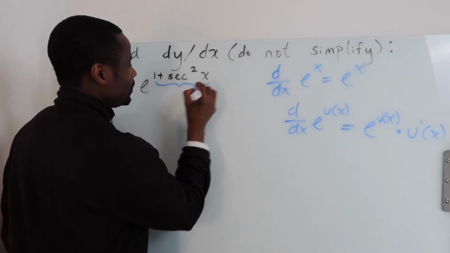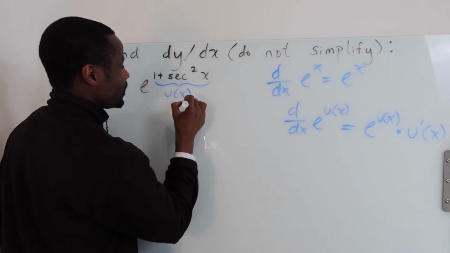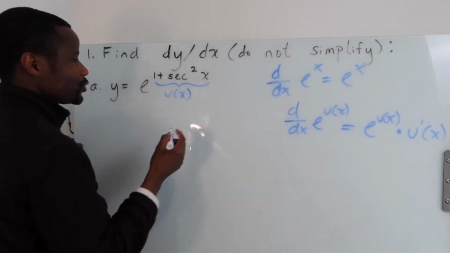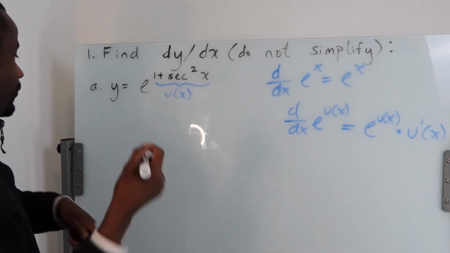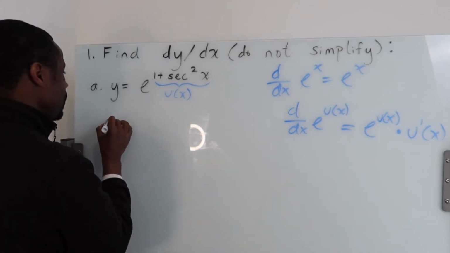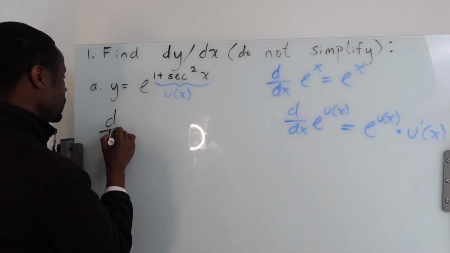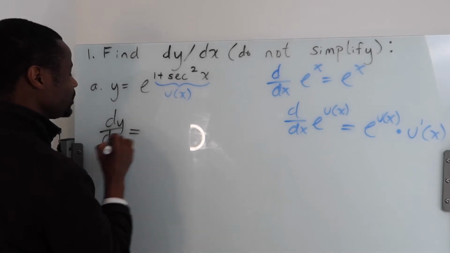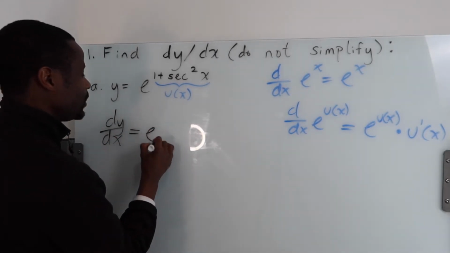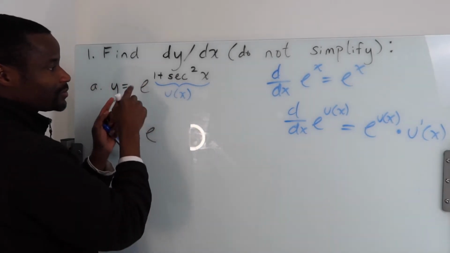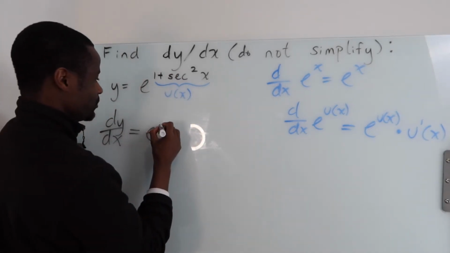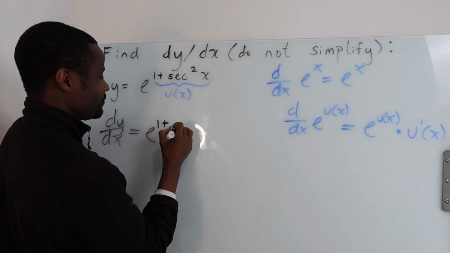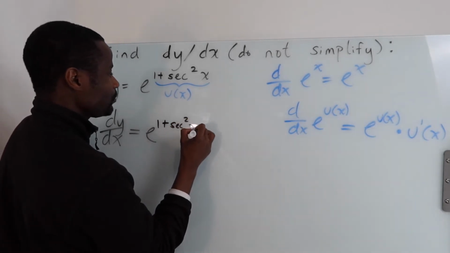Keep in mind, this is our u of x. So we basically substitute: our derivative of y with respect to x is going to be e to whatever power times the derivative of that power with respect to x, whatever variable we're asked to differentiate with respect to.